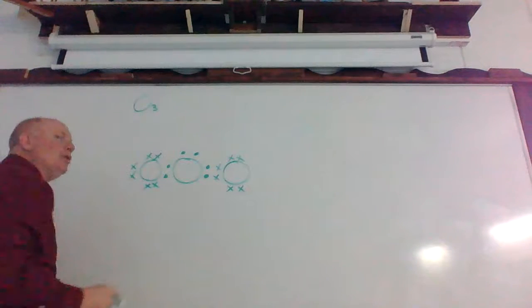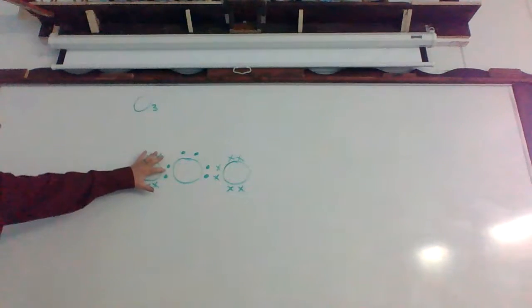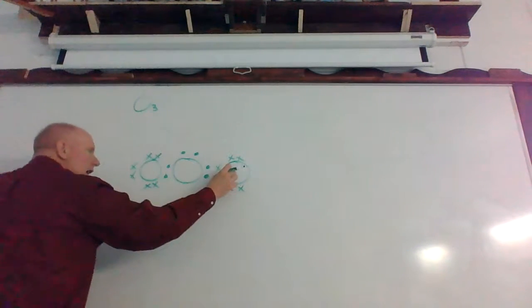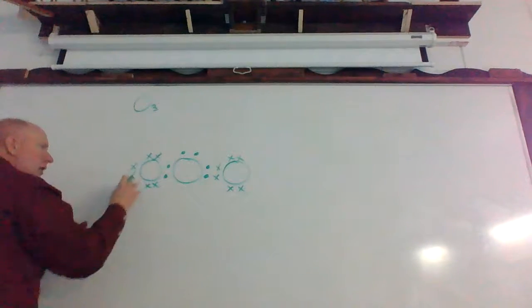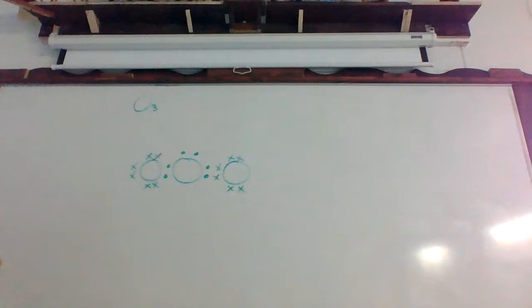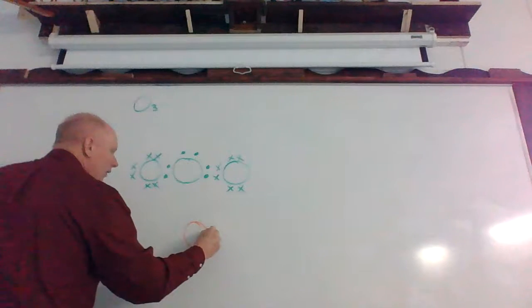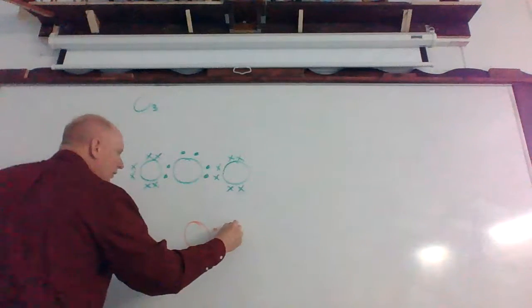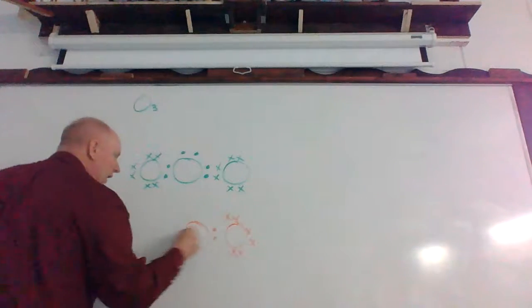Why are you correct when you say no? Because if we put a double bond here, then we've got 10. So this oxygen has 8, this oxygen has 8, this oxygen has 8. So what that means is, as we look at that in 3 dimensions, who's to say that this double bond is not on the other side.